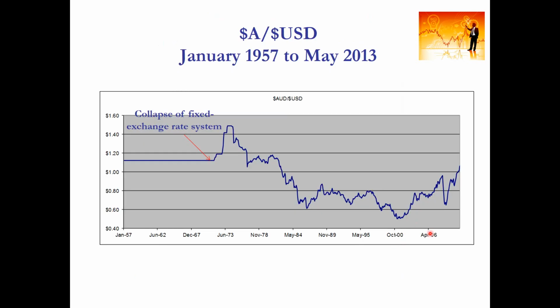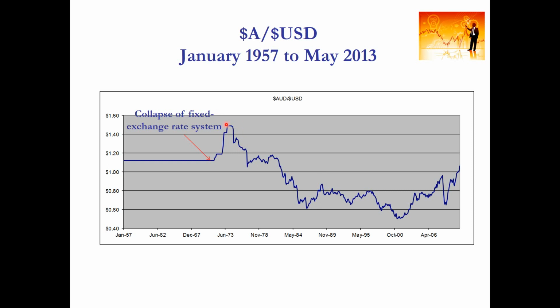If you look at here, this is the time trend of the exchange rate between Australian dollar and US dollar. You can see this period where you have a flat line indicating the fixed exchange rate when Australian dollar used to be pegged against the US dollar. However, after that, you can see a significant volatility in the exchange rate between Australian dollar and US dollar.